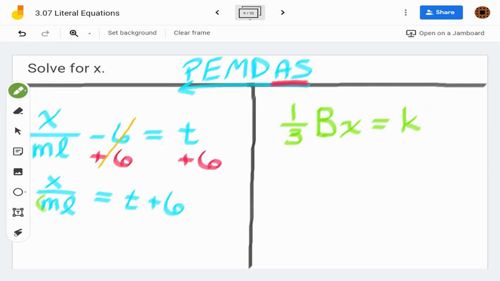But remember, this is a single number, so I would focus more on the division, which is the next thing. The way we undo division is multiplication. So on this side, we'll multiply by ml. I don't have enough space over there, so I'll put it in parentheses, ml, I'm multiplying by. And I also have to do it on the right side, but it's all of t plus 6 that I'm multiplying ml by.